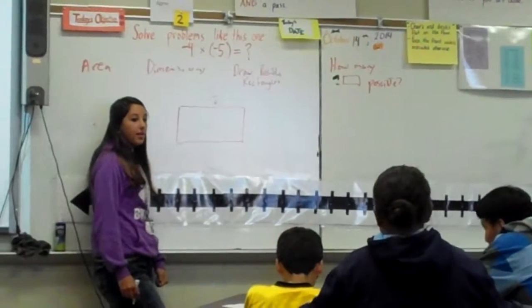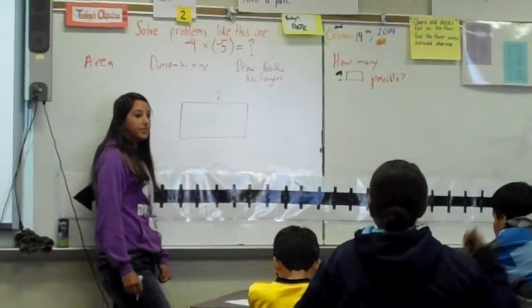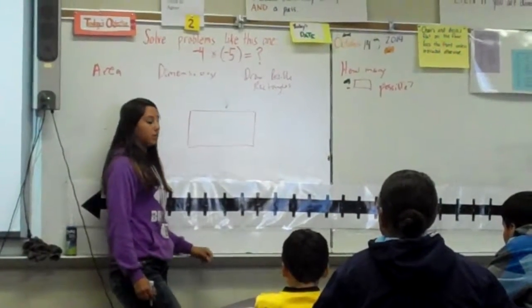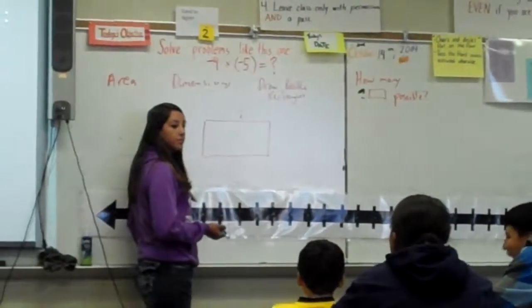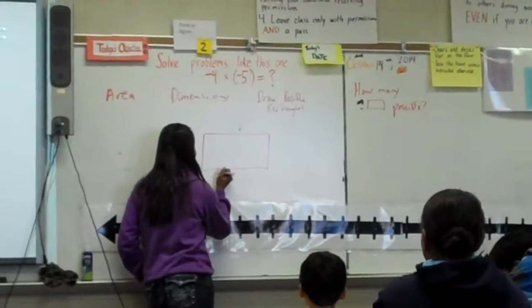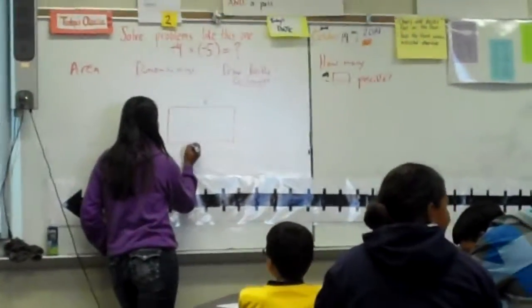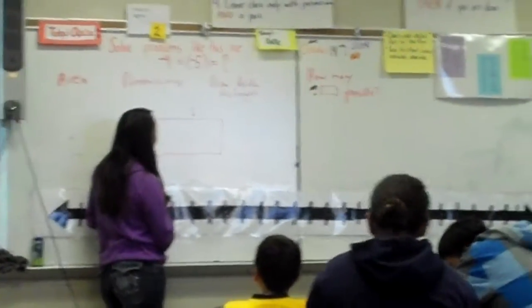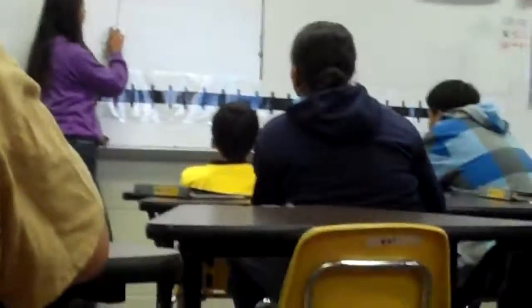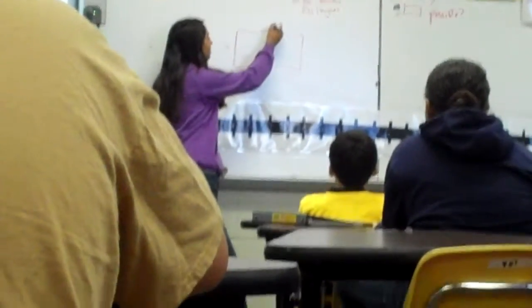I can't be adjacent to the seat, so I have one up here and one here. So you can write L for length and W for width. Wouldn't this be length though? Yeah. Sure.